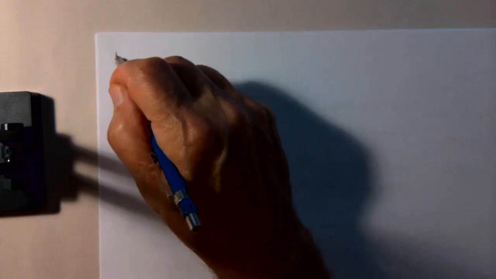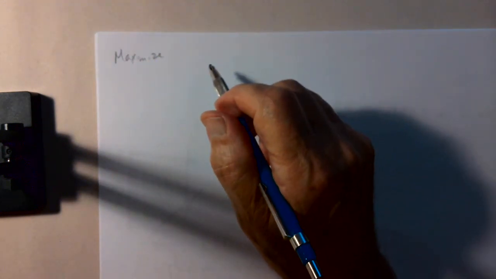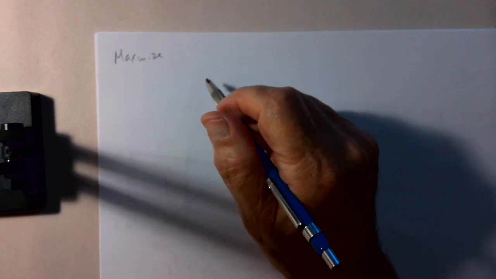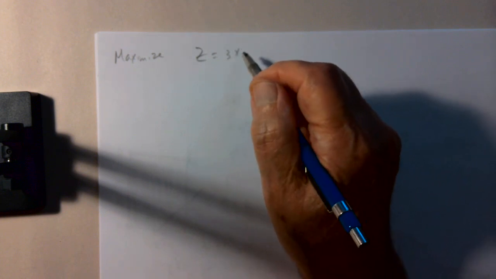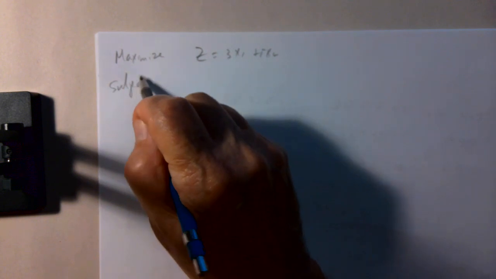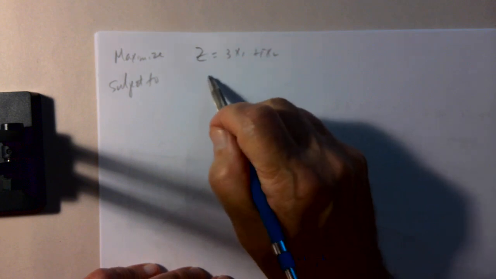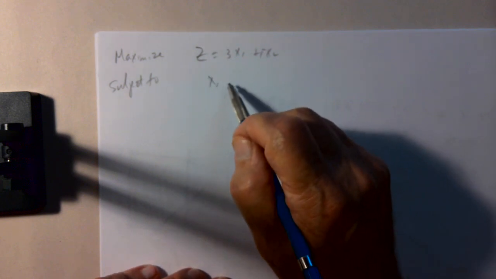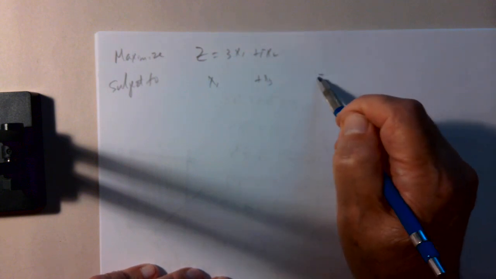So we can write our problem now like this. The problem is to maximize the objective function z equals 3x1 plus 5x2, subject to the following conditions. x1 plus x3 equals 4.